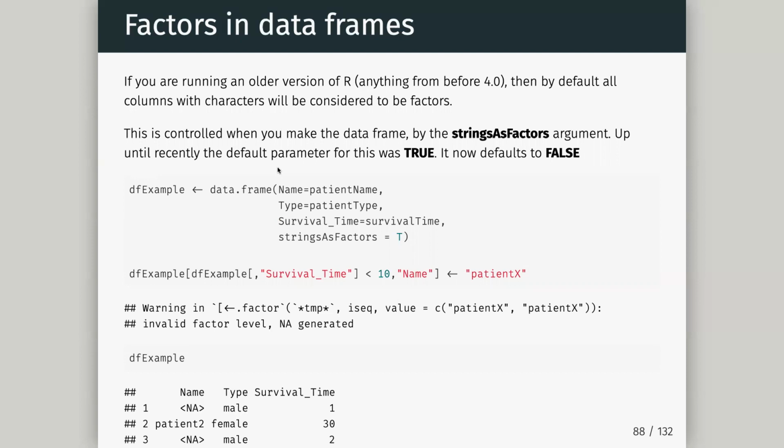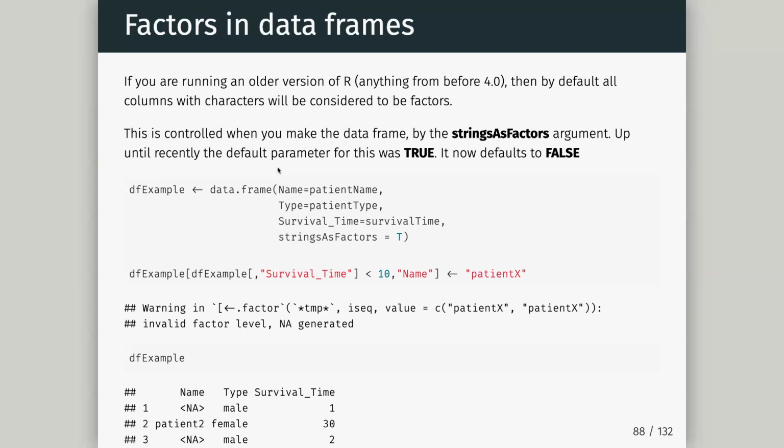The reason we point this out, I don't think anyone here is going to be before R4, is there are lots of manuals still online which try and deal with this, and they're going to show you this problem. It got updated about a year ago, this issue of strings as factors. But if you want to force yourself to deal with it again, you can actually set it by default.